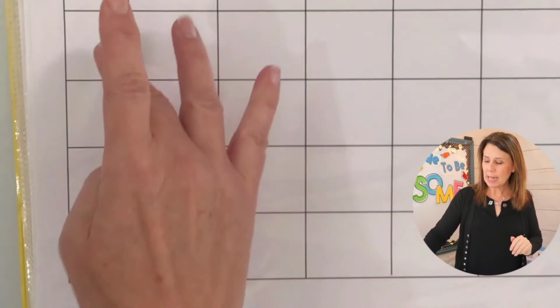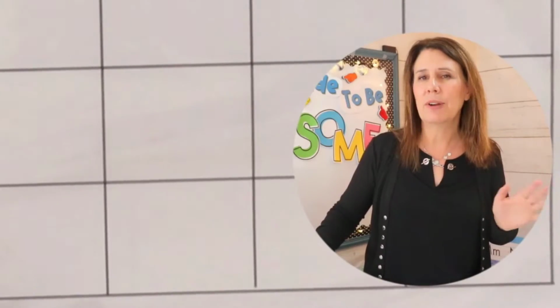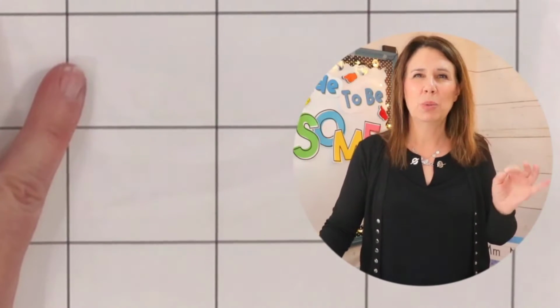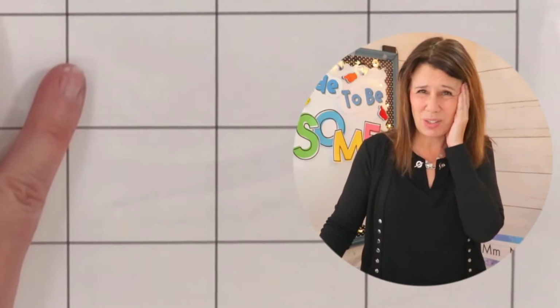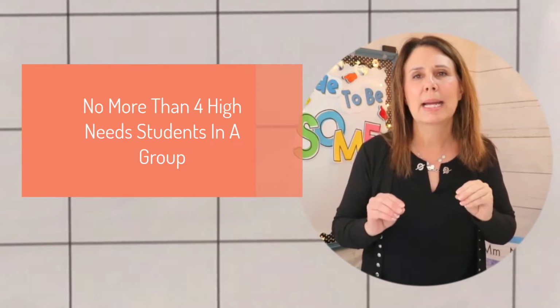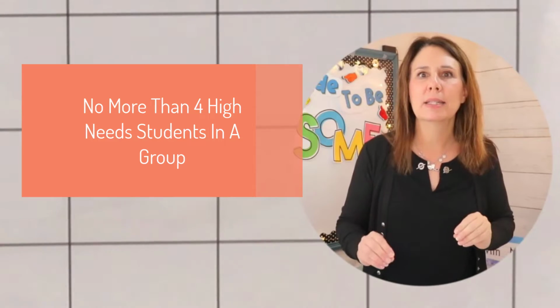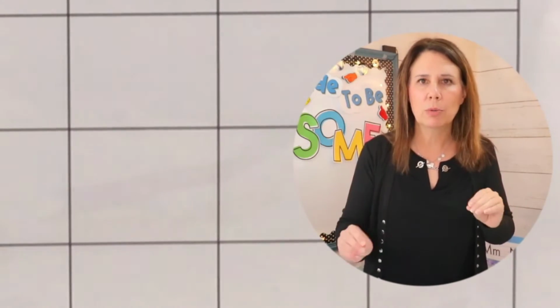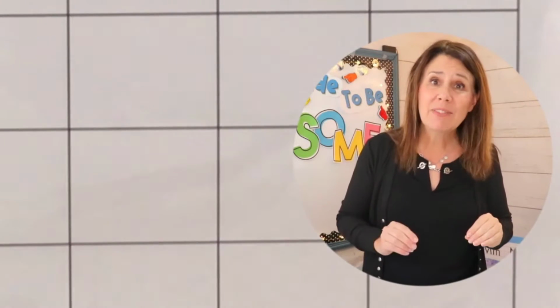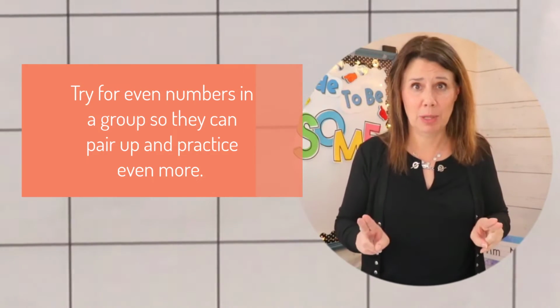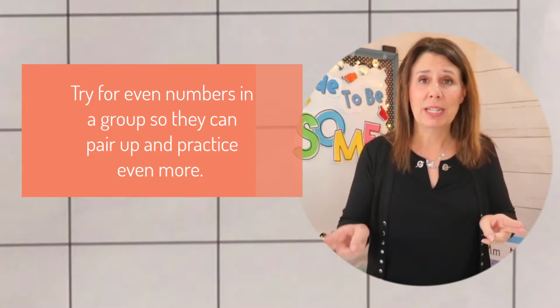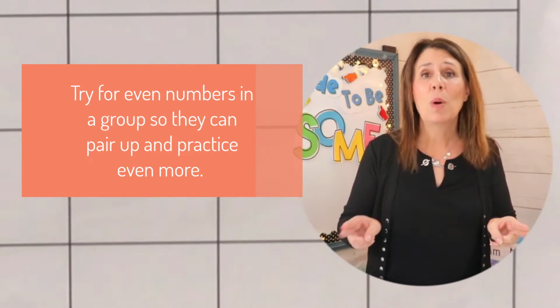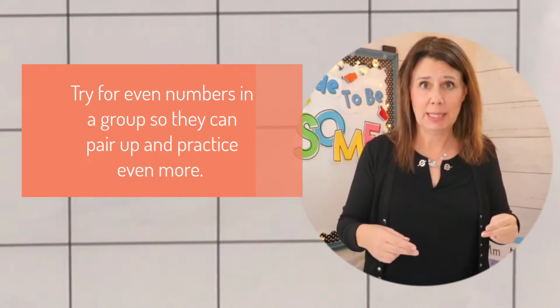I usually had between 4 and 5 groups. My lower groups, usually between 3 and 4 students, usually not much past 4, because I wanted that time to be super intensive, and I wanted to give them as much one-on-one practice, small group practice as possible. And if possible, an even number so that they could practice with each other, okay, while I observed and did some assessing.